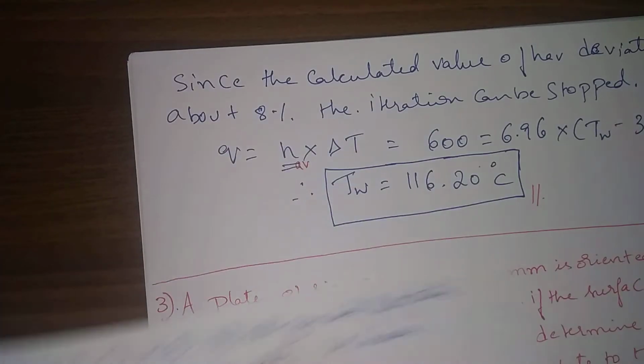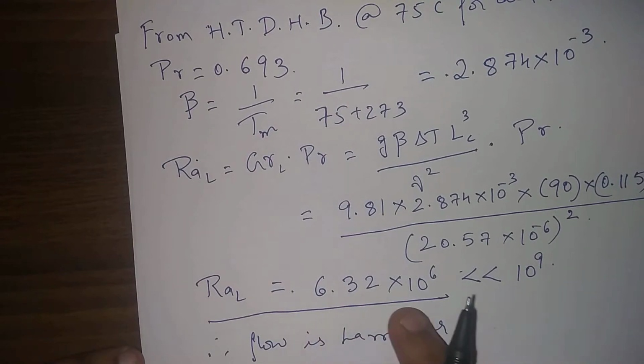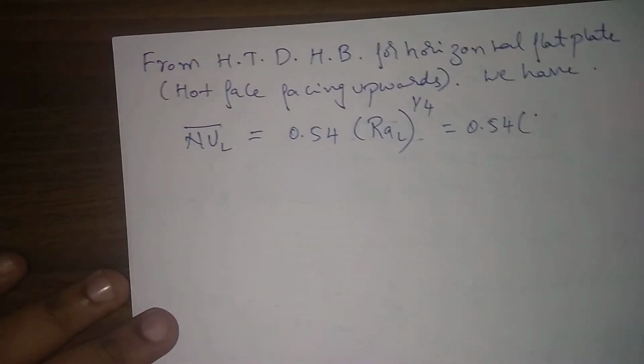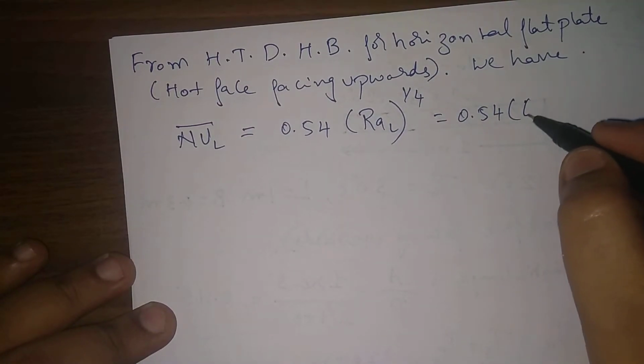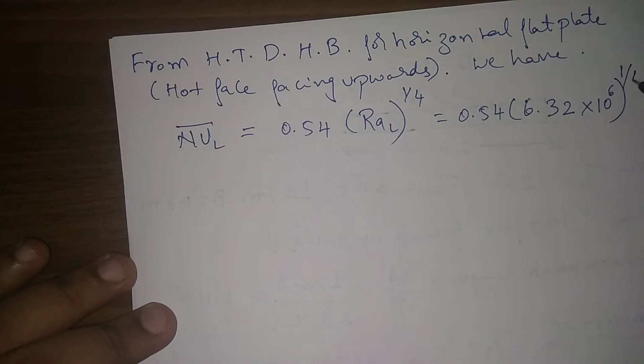We have calculated the RaL value here. How much is the RaL value? 6.32 into 10 to the power of 6. So please calculate that: 6.32 into 10 to the power of 6 to the power of 1 by 4.